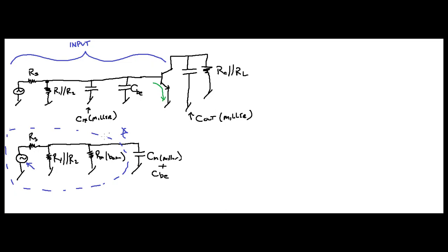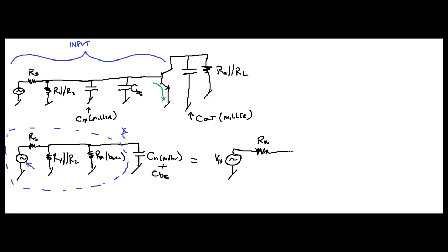So if you redraw it, through a single resistor, and this would be your Rn, right?